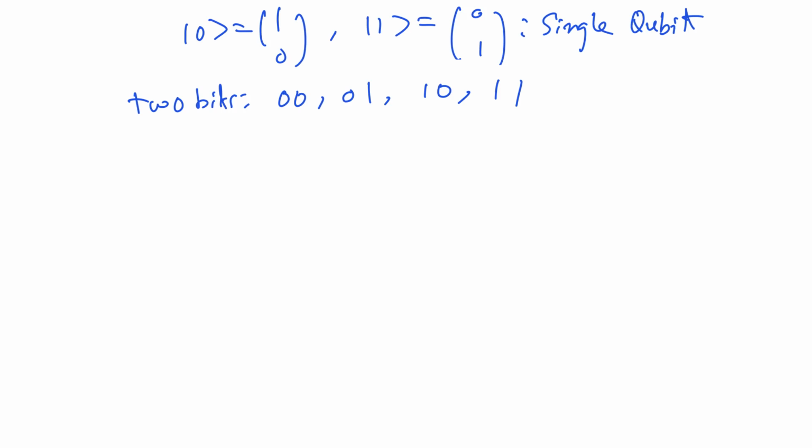So we can also define 2 qubits. How we define 2 qubits, I'm not going to tell now. Maybe you need a more complex operation for the tensor product, which you don't want to learn, right?